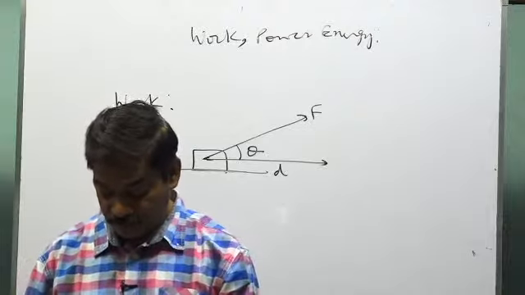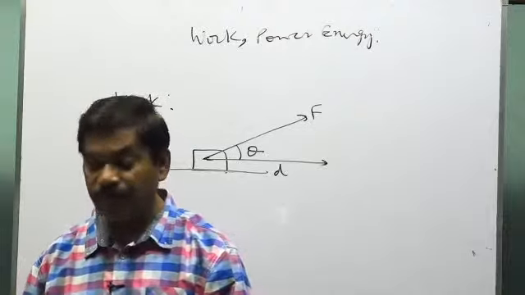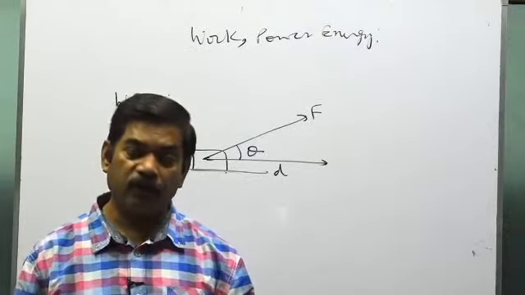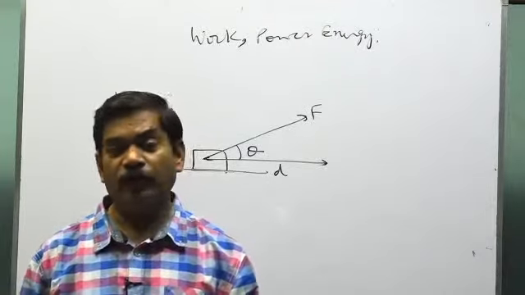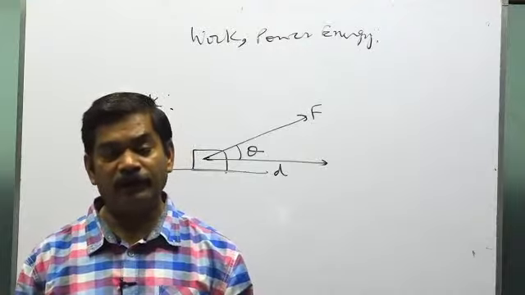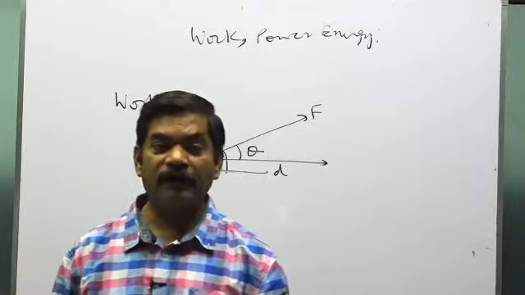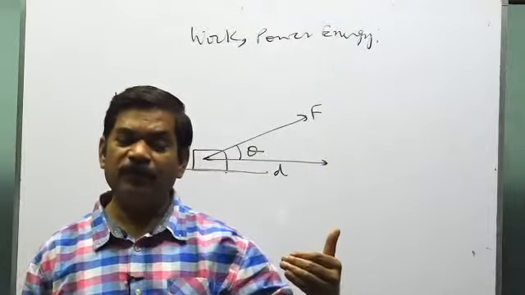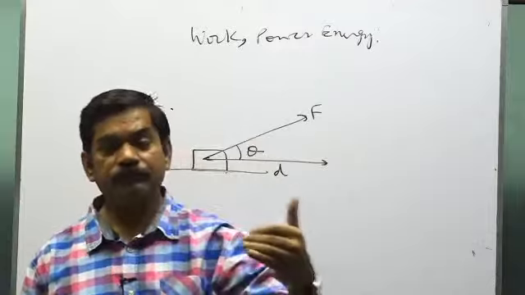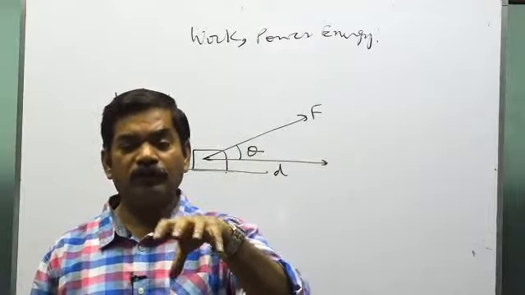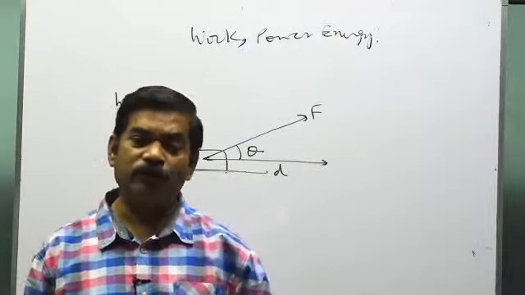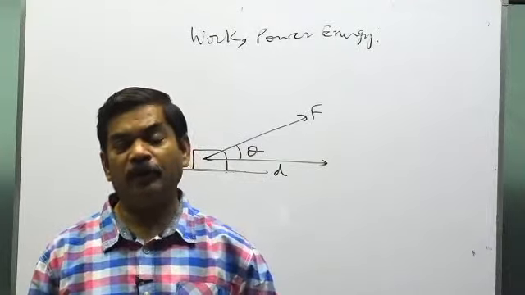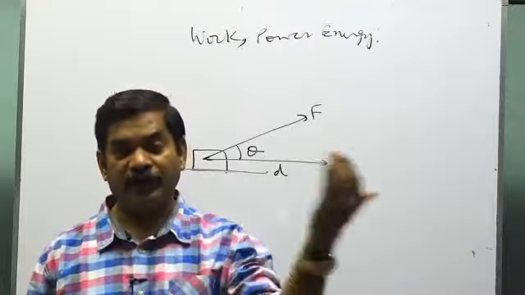You know this fact very well, that if a number of forces are acting on the body along different directions, eventually the body will be displaced along one specific direction. It's not that the body will start moving in all directions. When you apply forces of different magnitudes in different directions, eventually the displacement of the body will be in a specific direction.